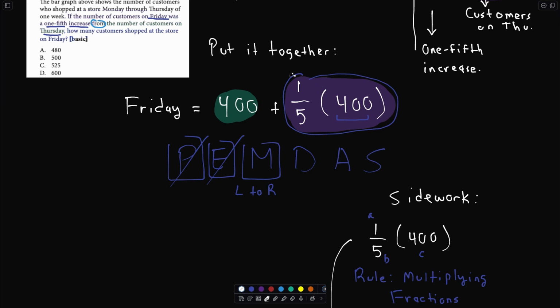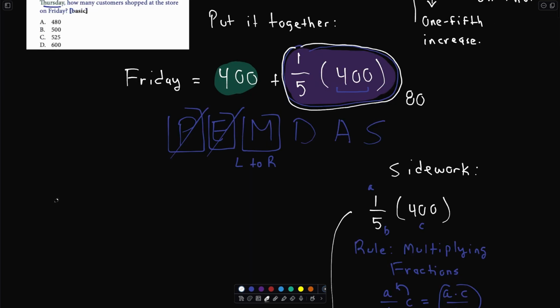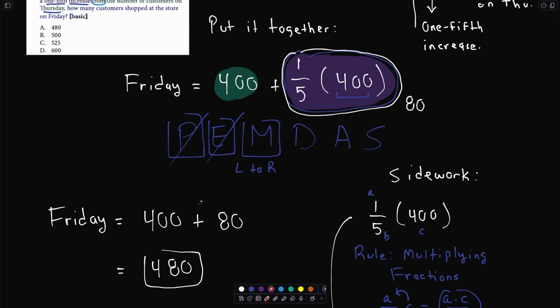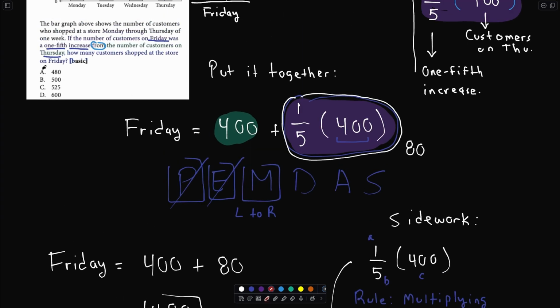So this whole piece now, 1/5 times 400, has turned into 80. And I could clean this up. So I could say Friday is now equal to 400 plus, instead of all that, it's now 80. And 400 plus 80 is 480. So the customers on Friday should be 480.